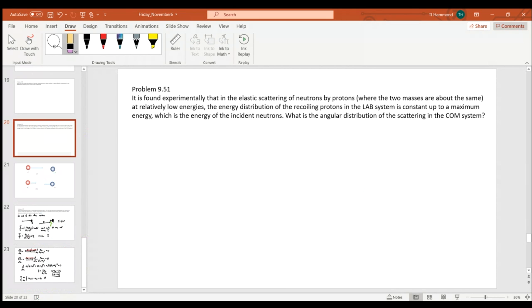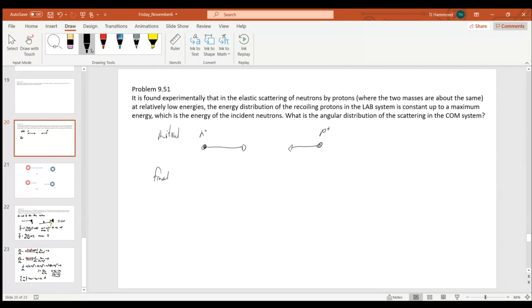So initially we have this neutron coming towards this proton, and they're coming together at about the same speed.